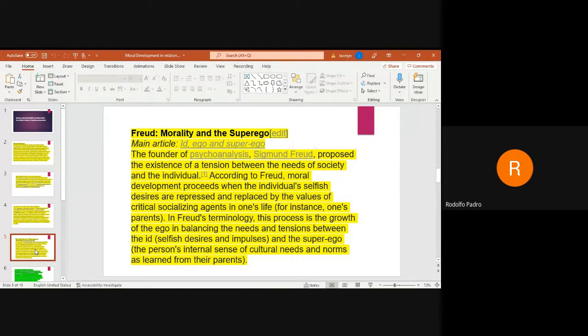What about the id? The id actually holds what we call the drive, the libido, and this was considered the animalistic side of the person. The superego, on the other hand, is called the angelic side of the person because it holds the conscience.